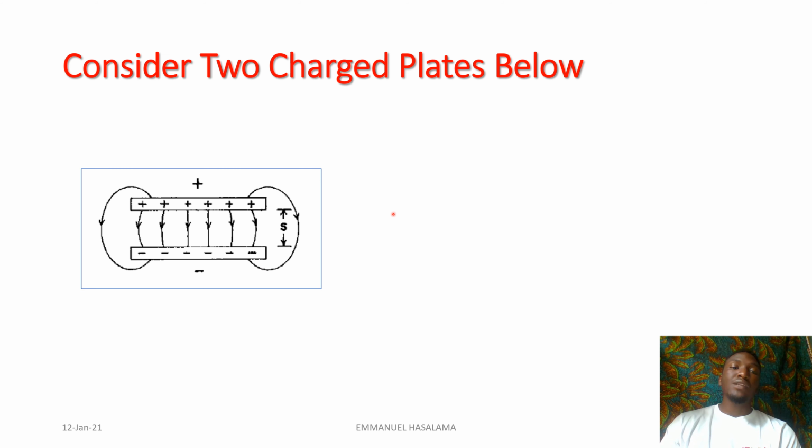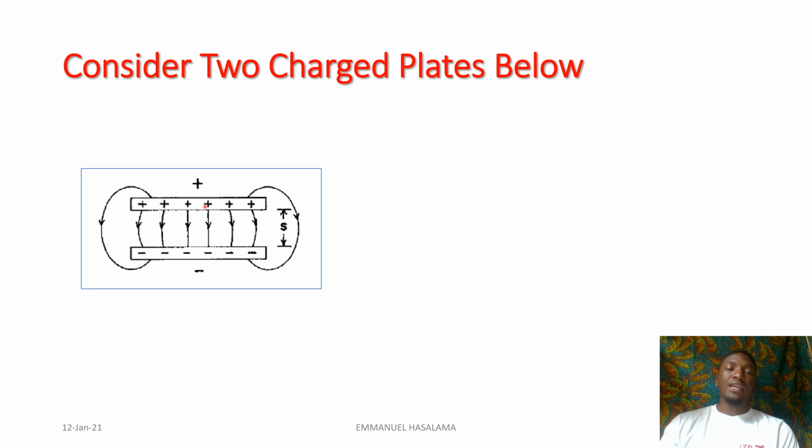You can consider the top plate to be made up of positive charges and the bottom plate to be made up of negative charges. So when you have two opposite charges, what you're seeing in between here are electric field flux lines that will be moving from the positive charge to the negative charge.